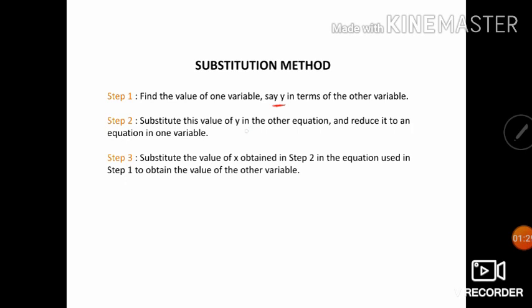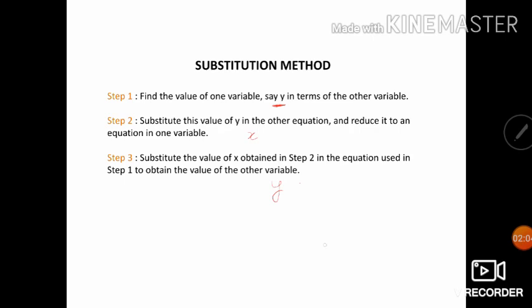On solving, we get the value of the variable x, because we have found y in terms of x and substituted in the second equation. With this we get the value of x, which is now to be substituted in equation 1 that we got in step 1, and then we will get the value of y.